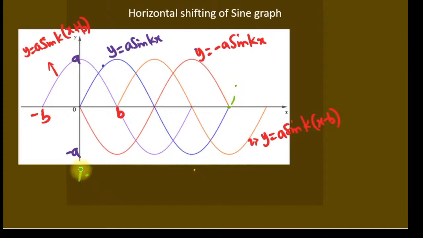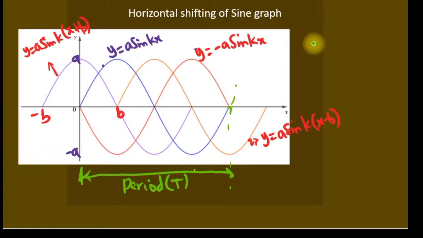So from here to here is called a period, and it is denoted by T. And one period, T, is always 2 pi over k. And remember, k must be a number greater than 0. k must be a positive number.